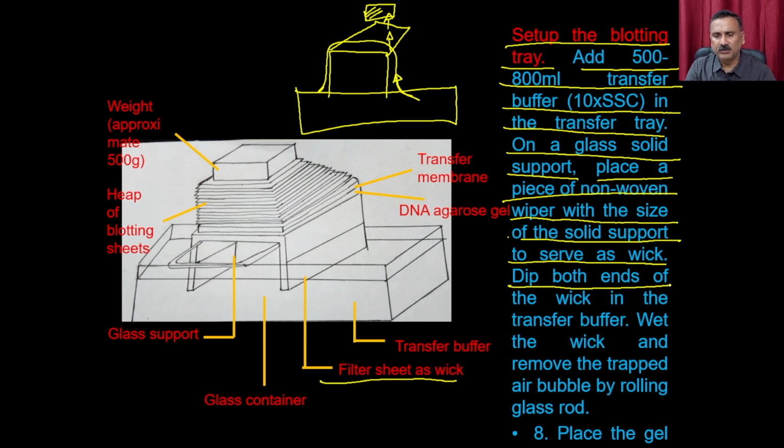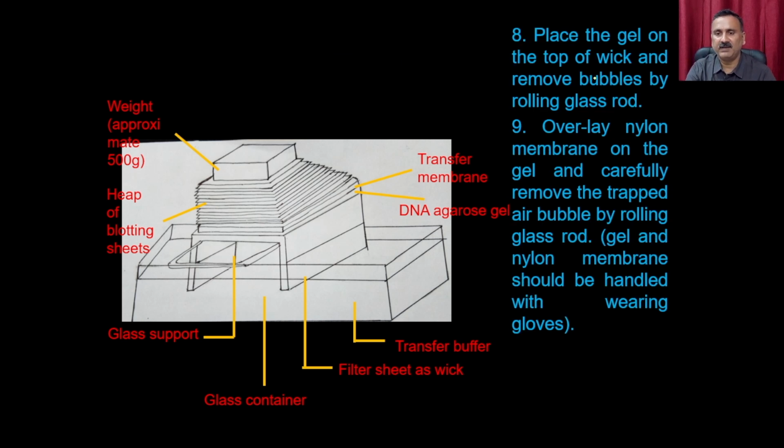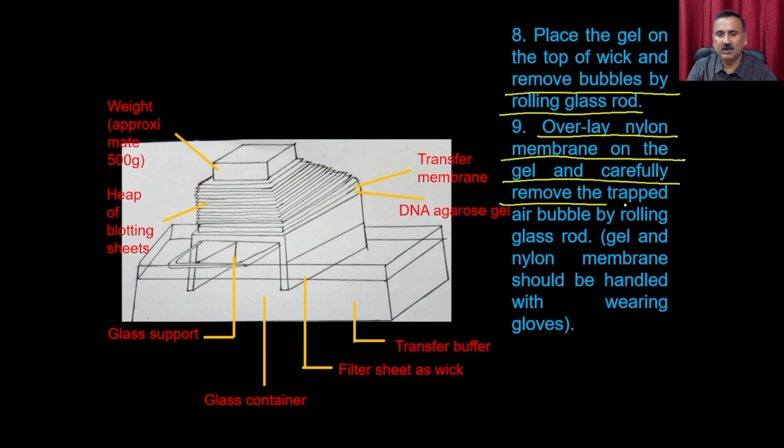So, dip both ends of the wick in the transfer buffer, wet the wick and remove the trapped air bubbles by rolling with the glass rod. Then you place the gel on top of the wick and remove the bubbles by rolling with the glass rod. Then you overlay the nylon membrane onto the gel and carefully remove the trapped air bubbles by rolling the rod, right.